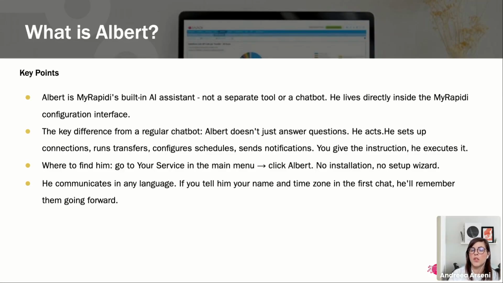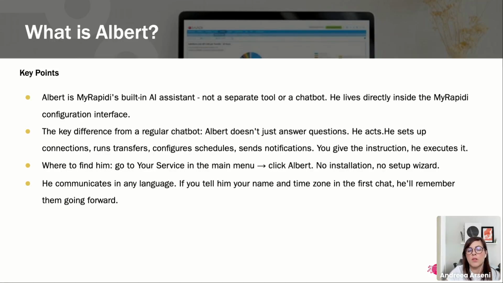So that's also really useful because then there will not be any kind of language barrier between you and Albert. And then, of course, if you tell him your name and your time zone, he will be able to remember those details moving forward. So then he will start having more context about you and will be able to be more and more precise when responding to your questions.